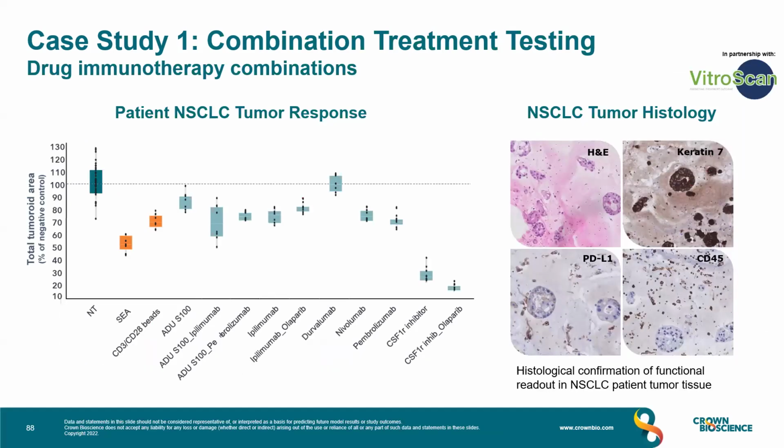So the baseline monotherapy data can then be used to determine combination testing to try and enhance the immune checkpoint inhibitor killing response. And this could be dependent on how hot or cold the tumor is and the level of immune cell infiltration at the time the tissue was collected. And this can be determined by tumor histology, or for immune cells or cytokine analysis. And here in this example, a number of different immune checkpoint inhibitors, either targeting PD-1 or PD-L1, were benchmarked against different combinations, which may increase immunogenic cell death.